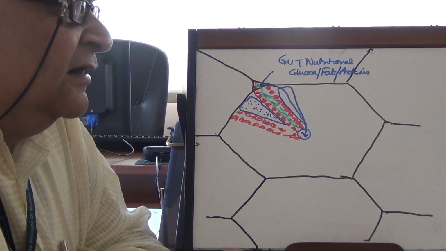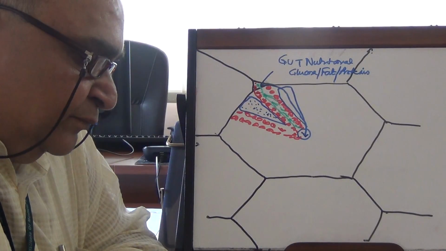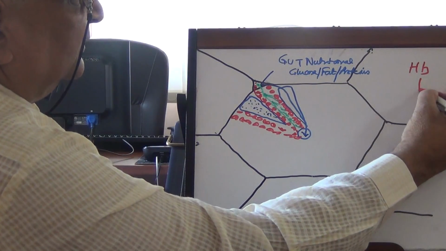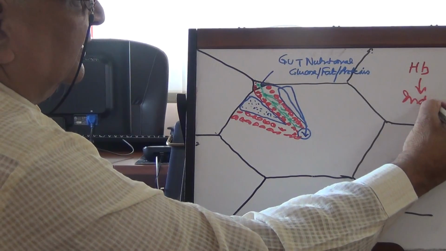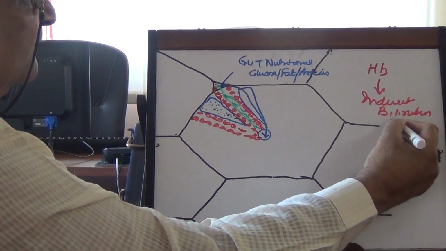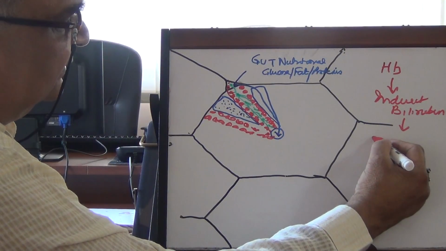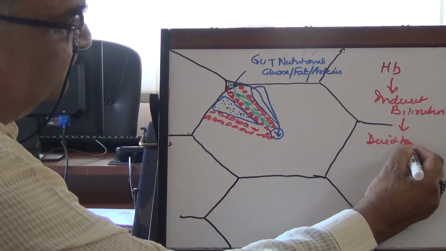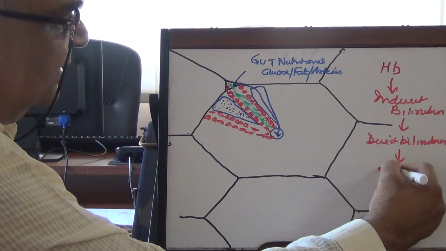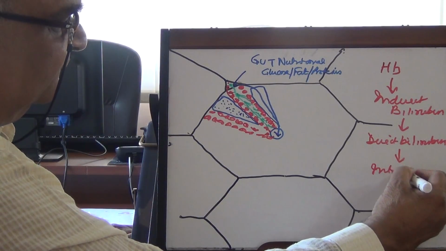And these products that are drained into the intestine through the bile duct are basically products of red cell destruction, where hemoglobin of the red cell is converted into indirect bilirubin, which is glucuronidated in the liver and converted into direct bilirubin, which is excreted in the bile duct and in the duodenum, in the intestine.